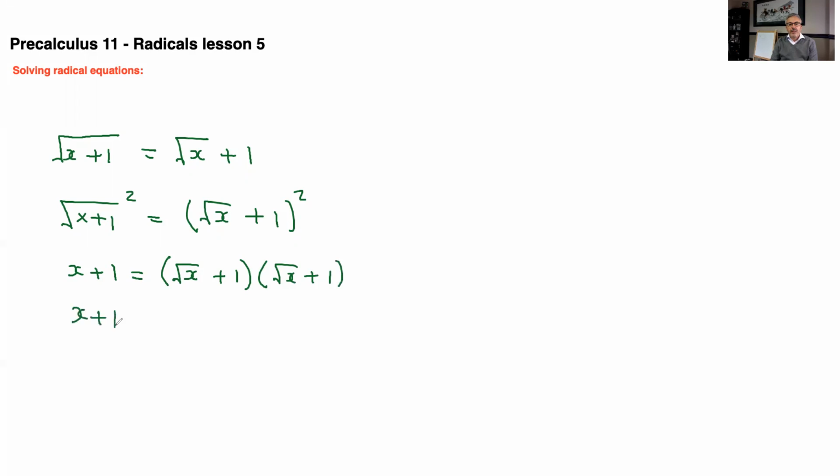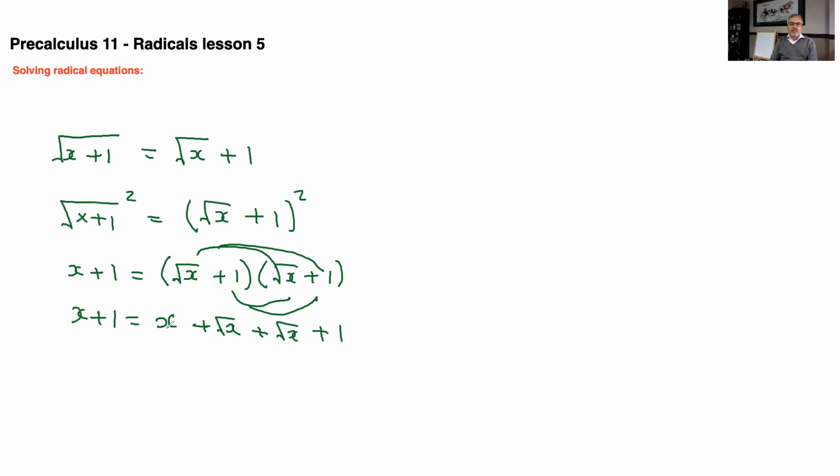So x plus 1. Now you're going to start FOILing. So root x times root x is x, as I mentioned yesterday and the day before, that when you multiply a root by itself, you just lose the root and you get x there. And then root x times plus 1 is just plus root x. And 1 times root x is plus root x again. And then 1 times 1, just 1.